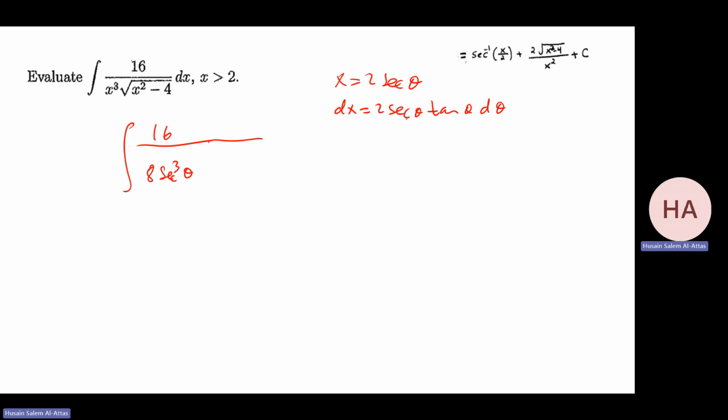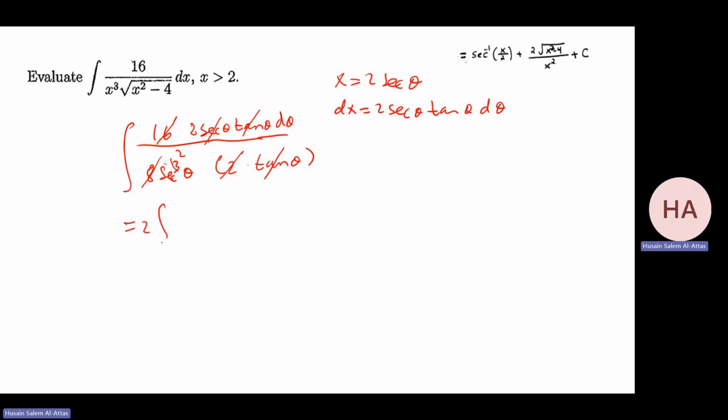This is dx, what is it? 2 secant theta tan theta d theta. And this one, 4, that will be 2 tan theta. So this is cancelled. Secant with this square, tan cancelled.